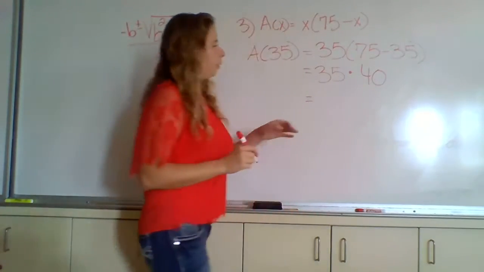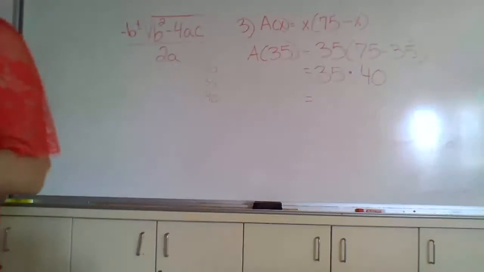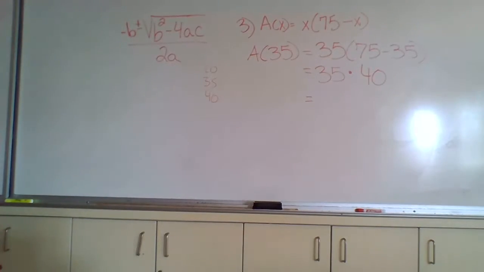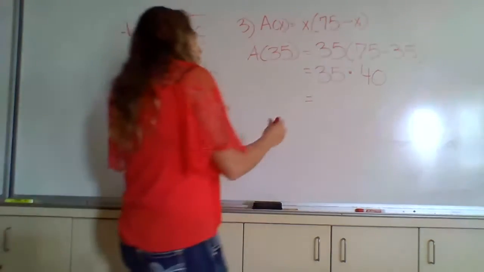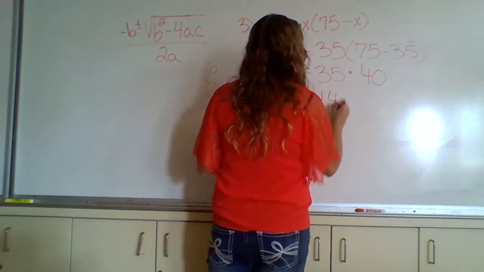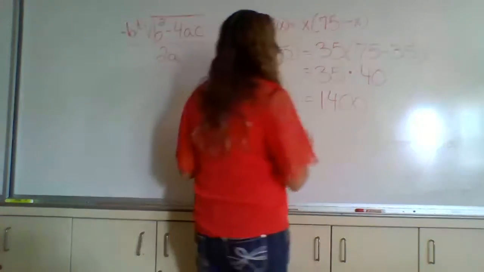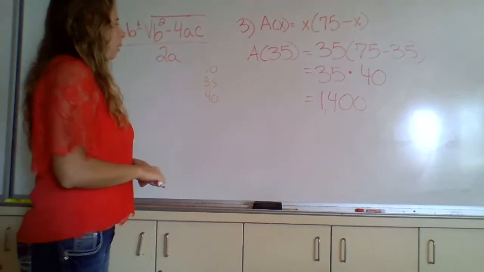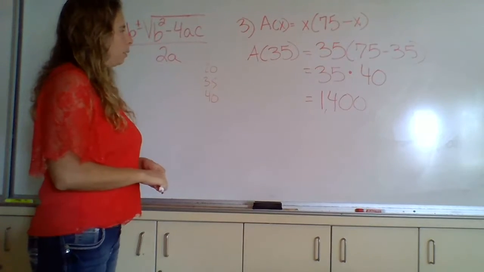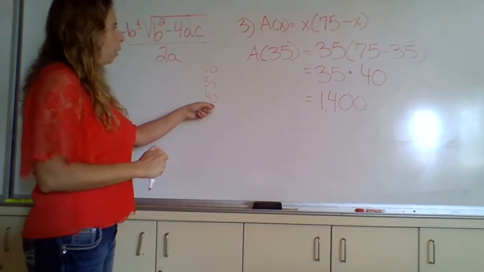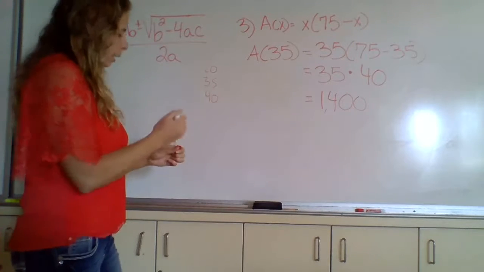And then multiply together 35 times 40. You get 1,400. Right. So that's your answer for B. So for C, they give you 40, so you would just substitute 40 in for x and solve it.